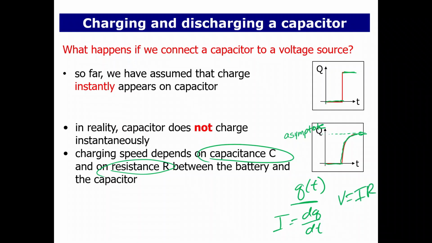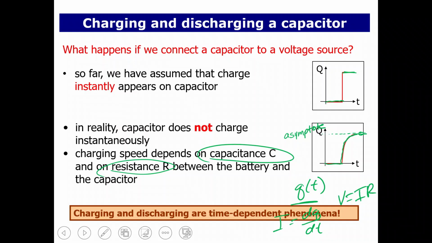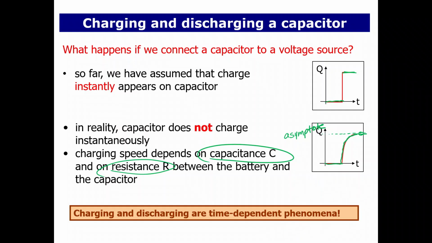So we can develop a series of equations that describe the current, charge, and voltage across the capacitor and any other component in the circuit at any point during the charging process, and eventually during the discharge process. As you saw, there's a derivative in there, and we are going to see that charging and discharging are time dependent, and we are going to have to use calculus to find those functions.